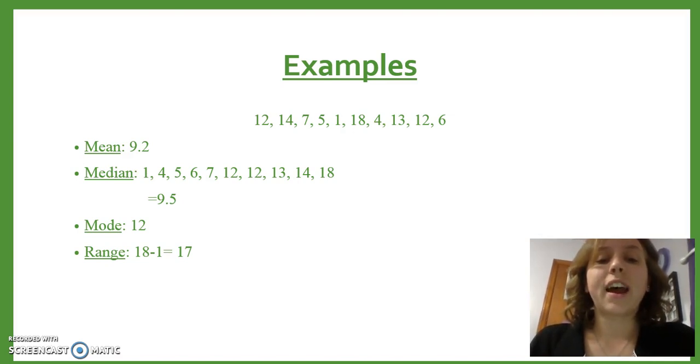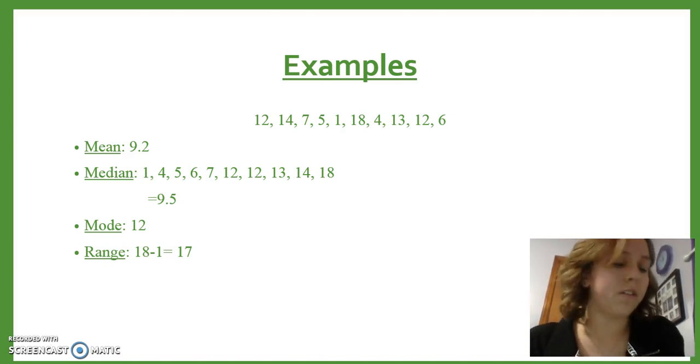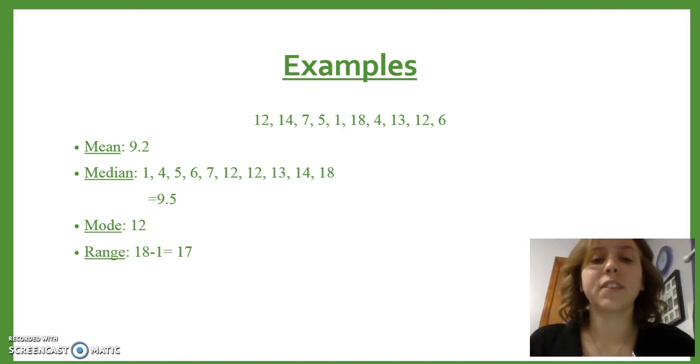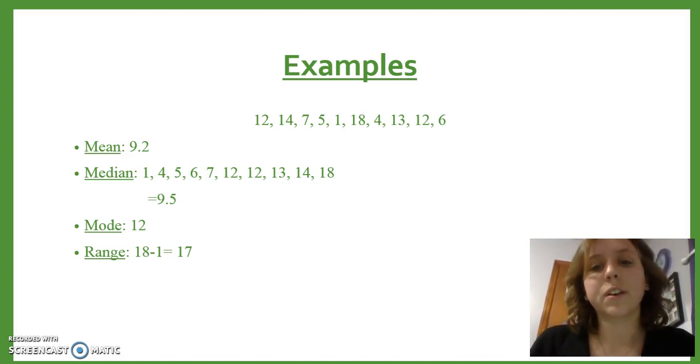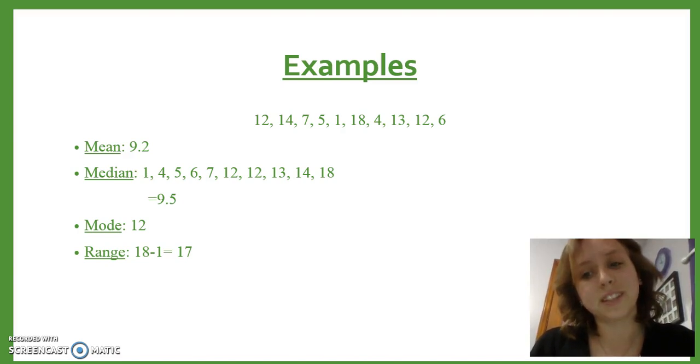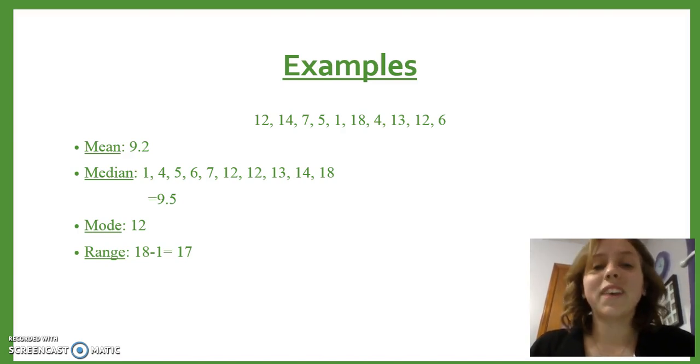To get that, I previously added all these together: 12 plus 14 plus 7 plus 5 plus 1 plus 18 plus 4 plus 13 plus 12 plus 6. Then you divide that by 10 because there are 10 numbers in there, and you get 9.2. So all those numbers added together equal 92, divided by 10, so 9.2.